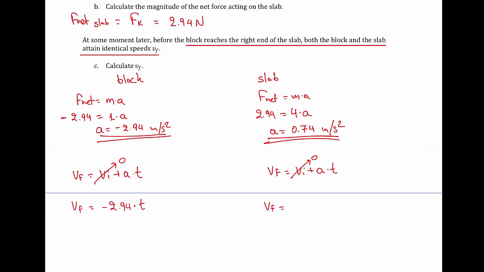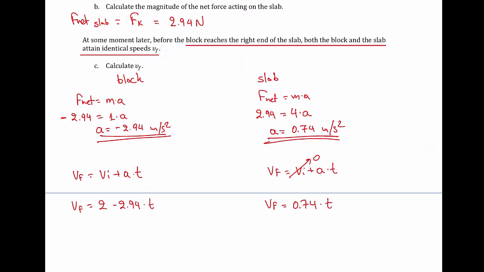The initial speed of the block was not 0, the initial speed of the block was 2. So V final is equal to 2 minus 2.94 times t, and V initial is 0 for the slab, plus the acceleration, 0.74, multiplied by t.